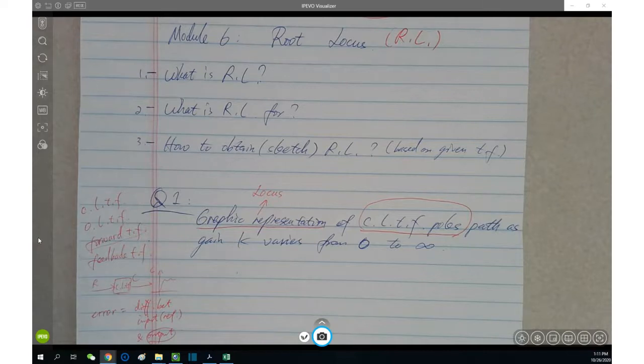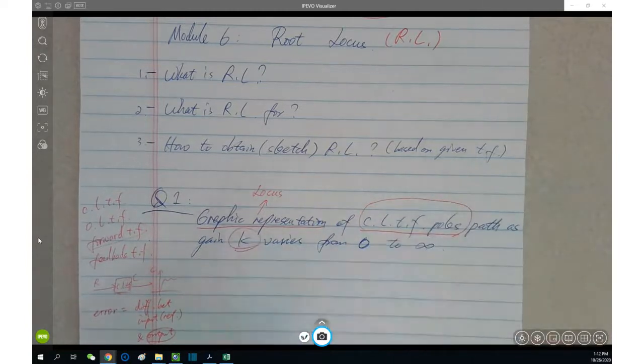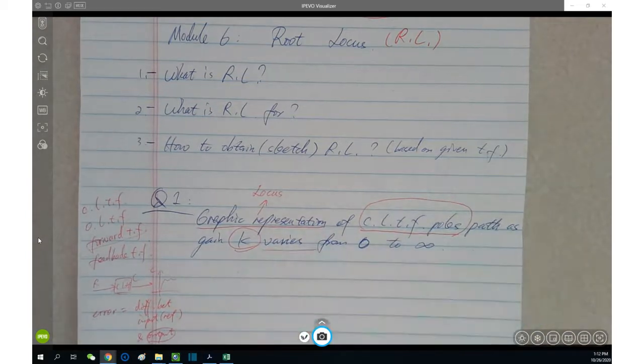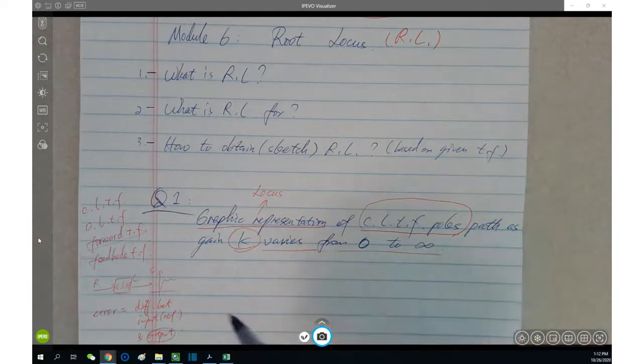However, how do you form this locus, how do you form a path? Here's how. You're introducing a gain k, and also making the k vary. The k varies from 0 to infinity, like this.